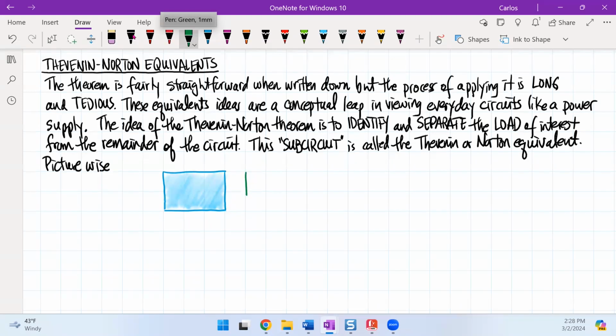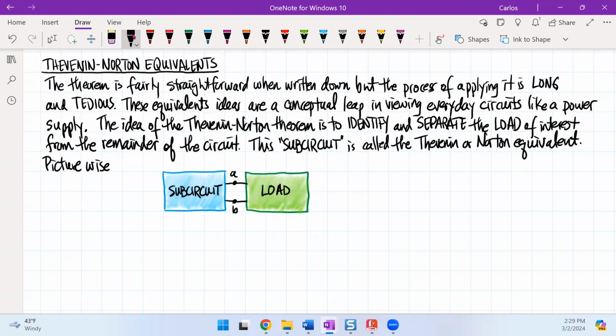So let's say that this is my load. Now I have a load circuit that I've identified, connected between two terminal points that we call A and B. So this here is the subcircuit.